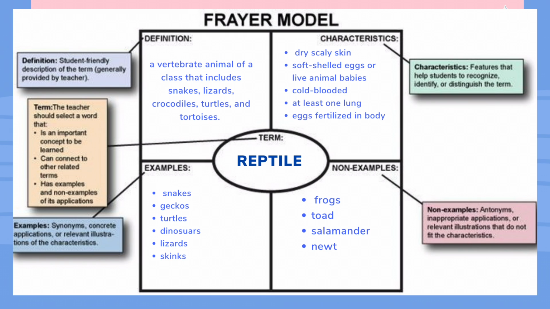It can be altered to include pictures for students who are in lower vocabulary grades, but it allows them to really interact with words, understand its definition, characteristics, examples, and non-examples, all of which is really important to having word consciousness and increasing students' vocabulary to where they have established vocabulary meaning.